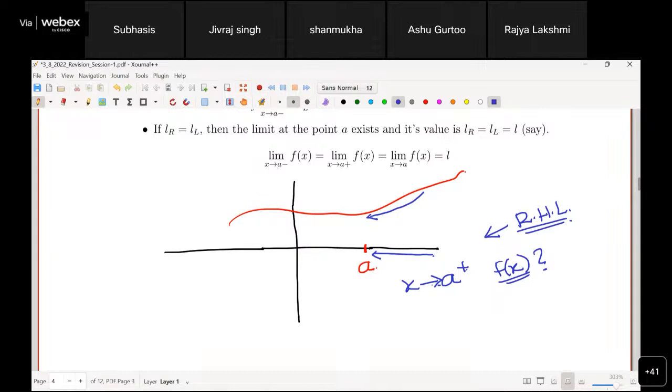And what is the next thing we check? We check the left hand limit, that is when we are coming to A from the left hand side, that is x is going towards A minus.